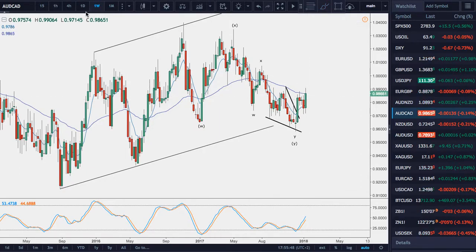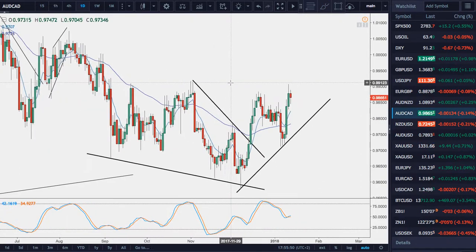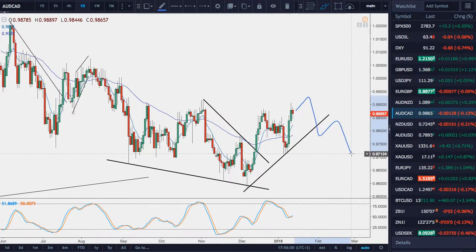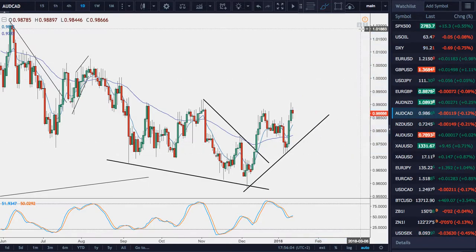The idea that I'm trying to get out here is that it may end up just being one single three-wave move. And then we may end up getting a bigger three-wave correction, and then the up move may continue. Because everything's in threes, so to have a 3 up, a three-wave correction, and then a bigger move up makes sense as well.